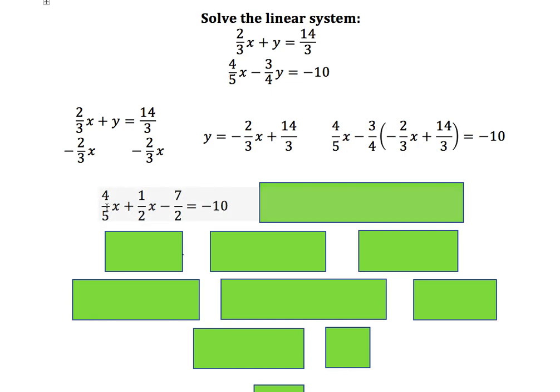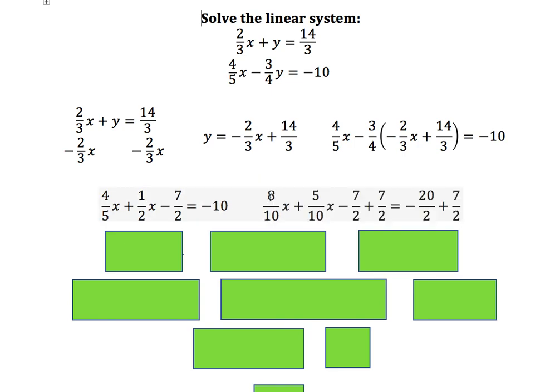You have to combine like terms, so 4/5 x plus 1/2 x. It helps if you get common denominators. If you're doing this in your head or on paper, you'd have to get common denominators. If you're using your calculator, you're just going to put 4/5 plus 1/2, and the calculator will give you your answer.